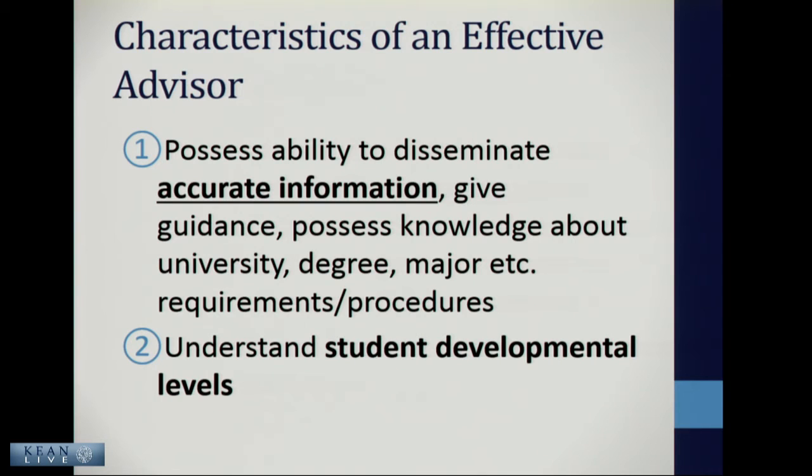That's important. I've learned the hard way, okay? And providing guidance, again, based on accurate information. And all of this would require, on our end, to be knowledgeable about the university, about the procedures, about deadlines, and the requirements.